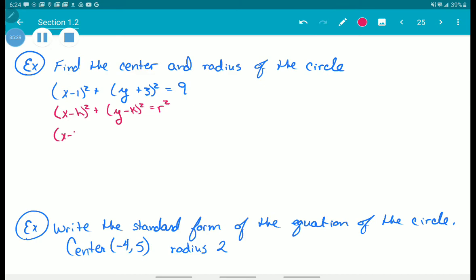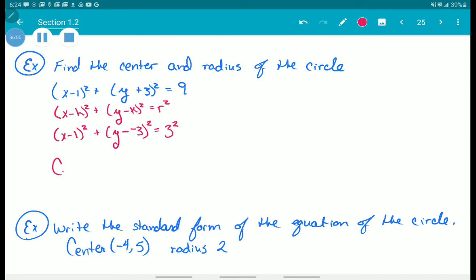So it's pretty easy to see what my h is, but I have to think about my rewrite for this term. I can write that as y minus negative 3. That's the same thing as a positive 3 here. And that makes it easy to identify my k, which is the y coordinate for the center. And I can think about that 9 as 3 squared.